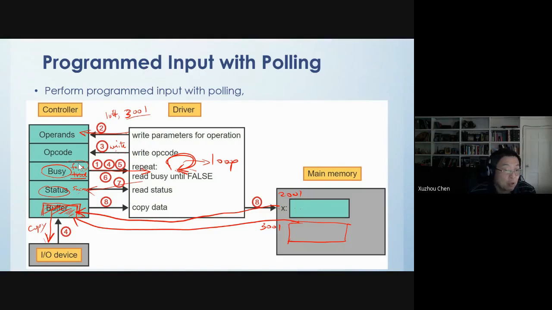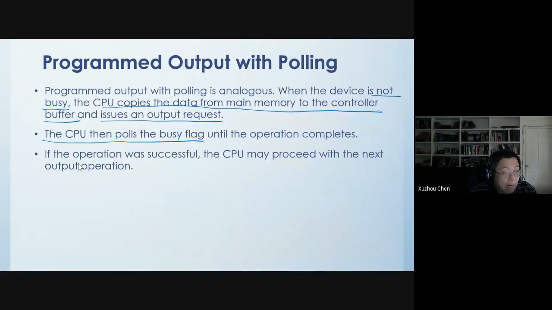So the CPU is also busy, because the CPU is running the driver, and it keeps checking the busy register. Now, this is sometimes a waste of CPU cycles. When the I/O device is busy, the CPU is also busy running the driver, and the driver is doing nothing but polling the busy register.